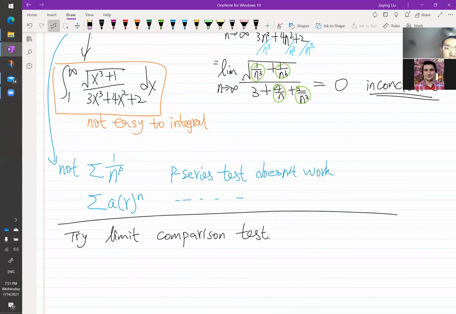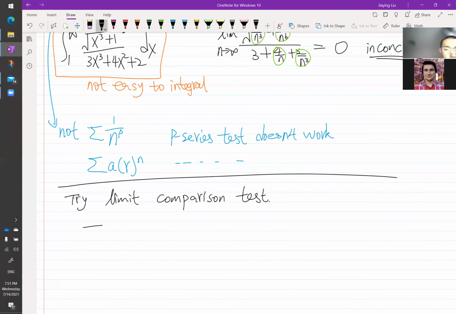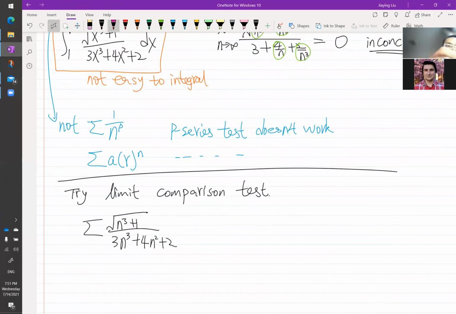Which is, we have to take the given one. Let me just write it down. I know we're running out of time, but I'll be done in 2 minutes, I think. In order to use the limit comparison test, we have to take this one and call it bn, and then find a second series that's simpler than this.